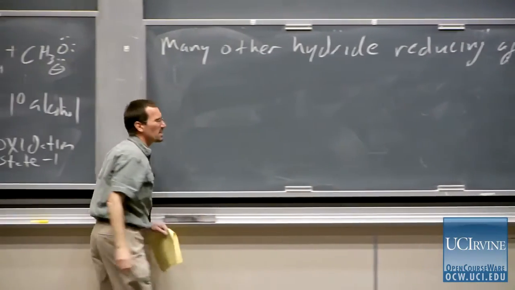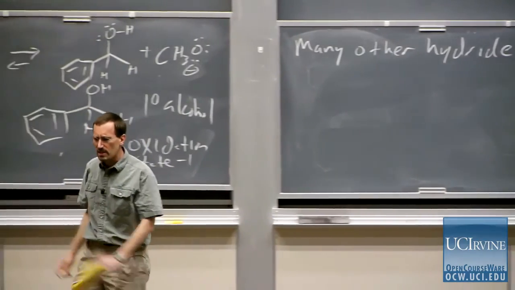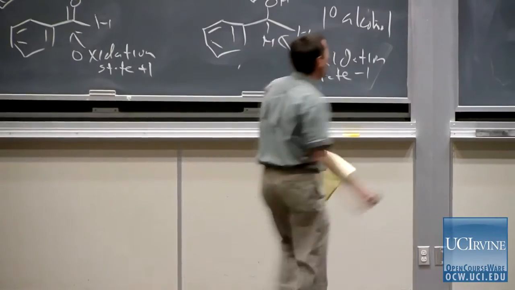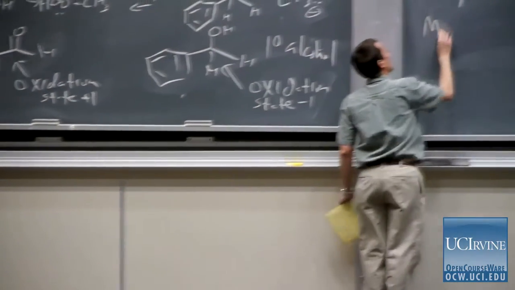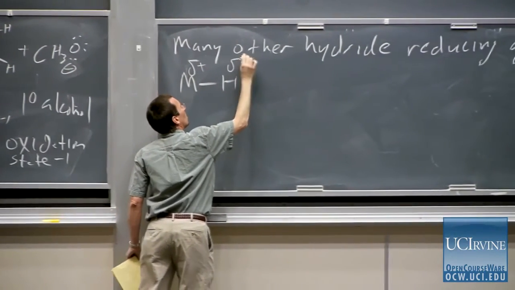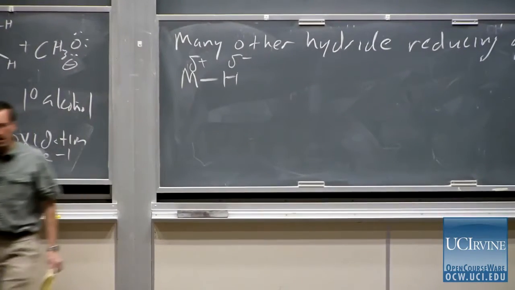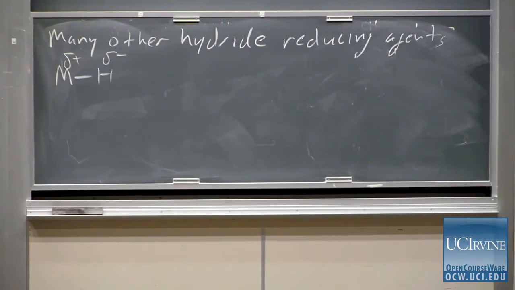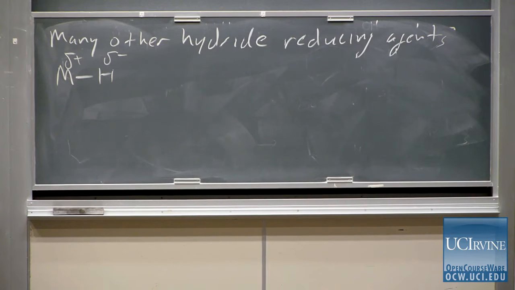The general principle, the overarching principle of hydride reducing agents, is that you have a metal-hydrogen bond, metal broadly defined, usually as a polar covalent bond where you have M with a partial positive charge and hydride with a partial negative charge. By broadly defined, I mean that boron is kind of a metal or a metalloid, aluminum is a metal, and there are many, many others.